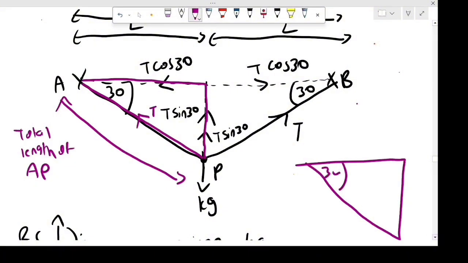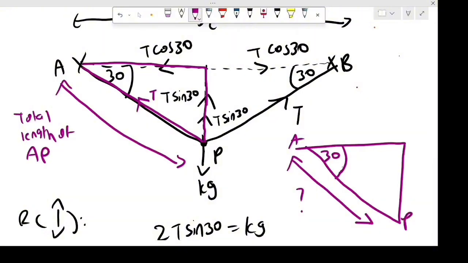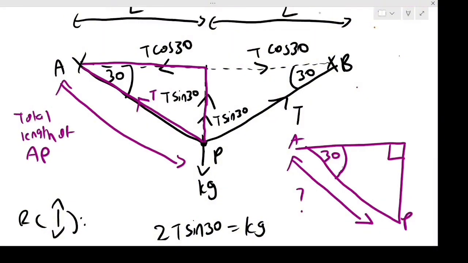So this is going to be 30. I want to find this length here. Okay, what is this length here? This is A, that's P. This is a right angle. Okay, so hopefully happy with that. So I'm going to be using some trig here.